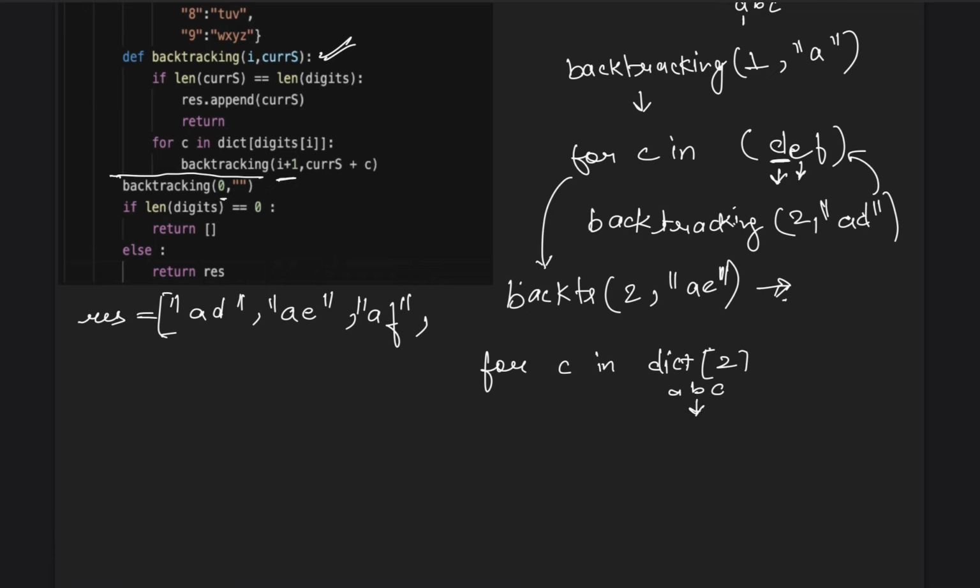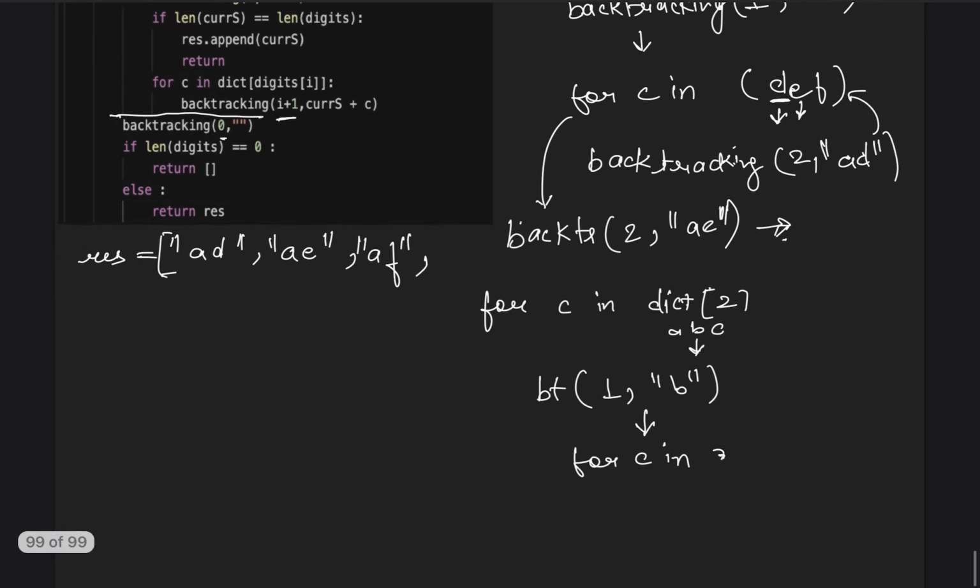All right. Since I'm just going to take that function as BT, I'm going to send 1, then B. Again, it will call the function, the length is not the same, so it will call for C in what was 3. It was DEF. So it will again call the backtrack function.